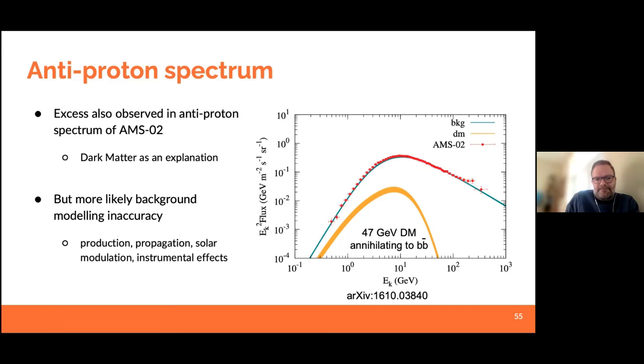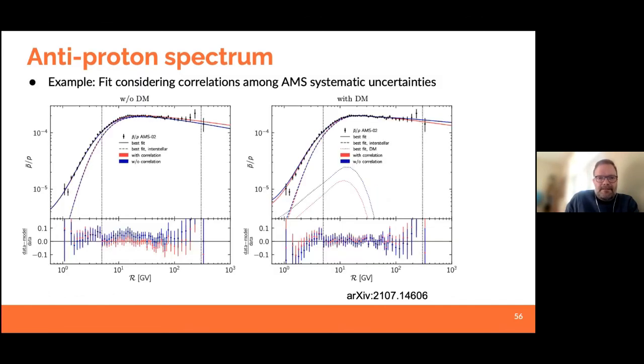and then eventually instrumental effects. And here is a paper that came out just this summer that tries to fit this antiproton spectrum. On the left here is without the dark matter contribution, and they have 2 different fits. One is where they consider correlations between the systematic uncertainties of the AMS measurement.